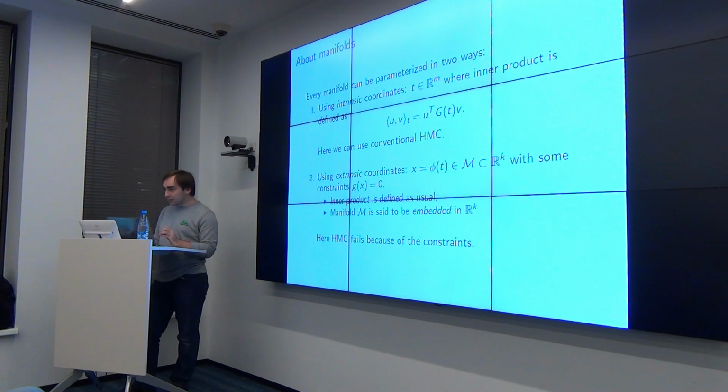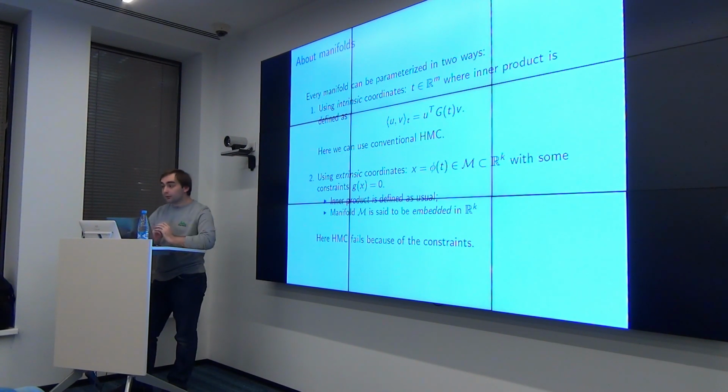For the extrinsic coordinates, you have constraints, and so conventional HMC fails. Orthogonal matrices are usually represented in extrinsic coordinates, and it's quite hard to work in intrinsic coordinates because you cannot even come up with some convenient parameterization of rectangular orthogonal matrices.